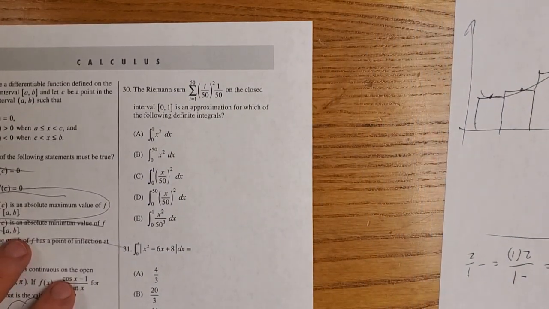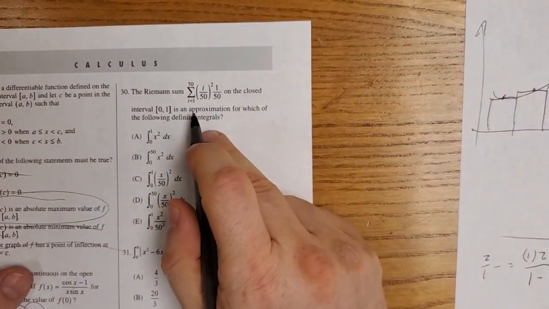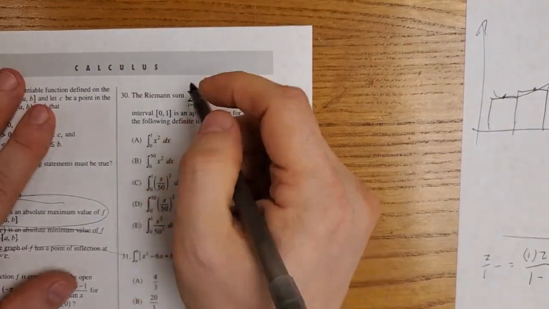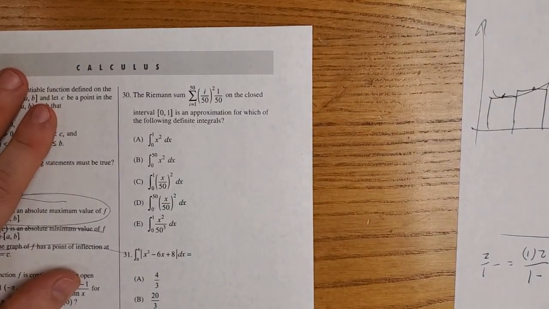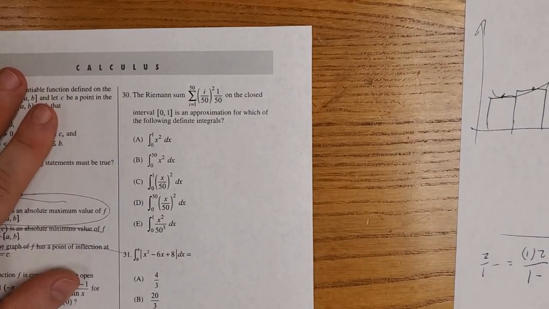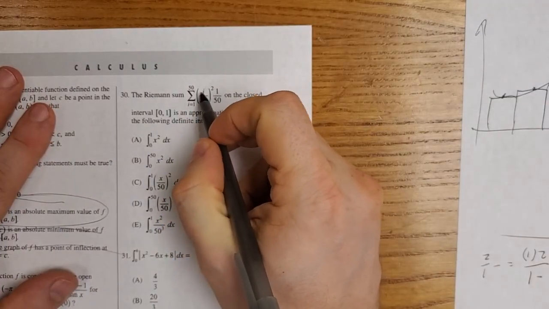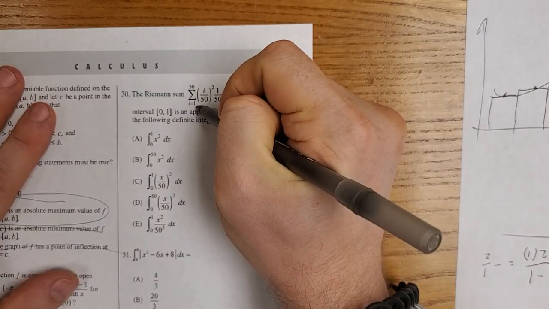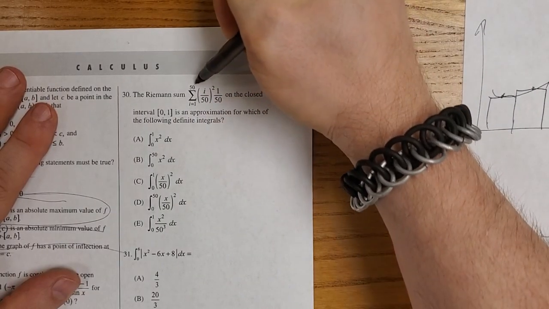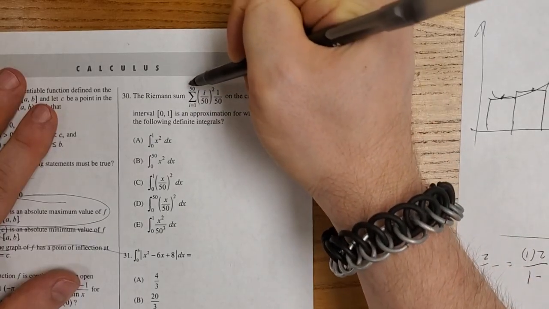So, what this is, is the kind of traditional notation here. This is a sum notation. And what this is saying is, for the value of I in the function, you're going to start at I equals 1 and go up to I equals 50, and then add all of those together.